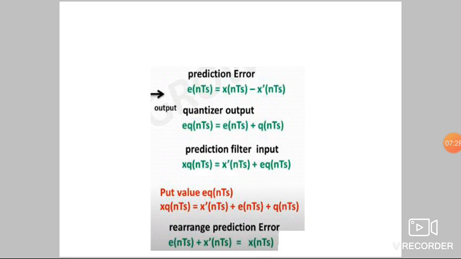By combining all this, we get x_q(nTs) equals x(nTs) plus q(nTs). Therefore, the quantized version of the signal x_q(nTs) is the sum of the original sample value and the quantized error q(nTs). The quantized error can be positive or negative, so the output of the prediction filter does not depend on its characteristics.